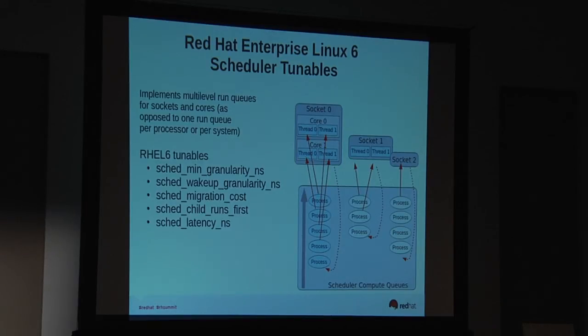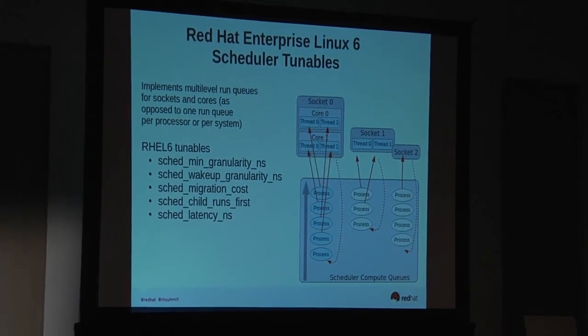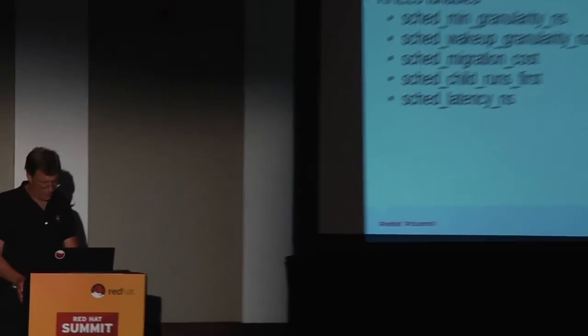There are several tunables that allow you to control its quantum and so forth, to return it to similar values to what they were in RHEL 5 if you had better performance in RHEL 5.